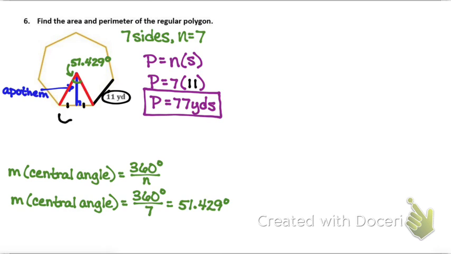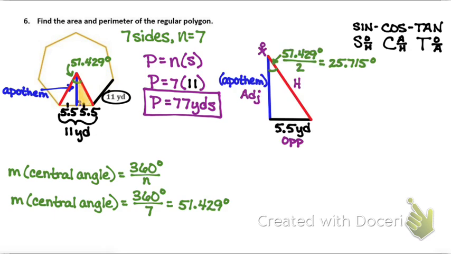And then I have these little segments marked as congruent. We know that this entire side here is 11 yards, which means that each one of these little sections is half of that. So this would be 5.5 yards, and over here would be another 5.5 yards.